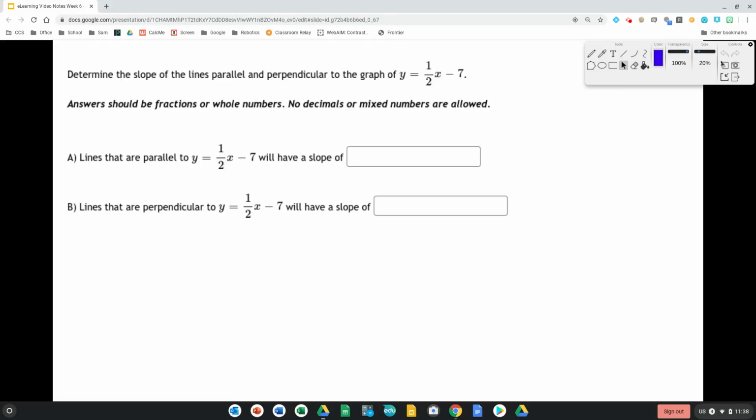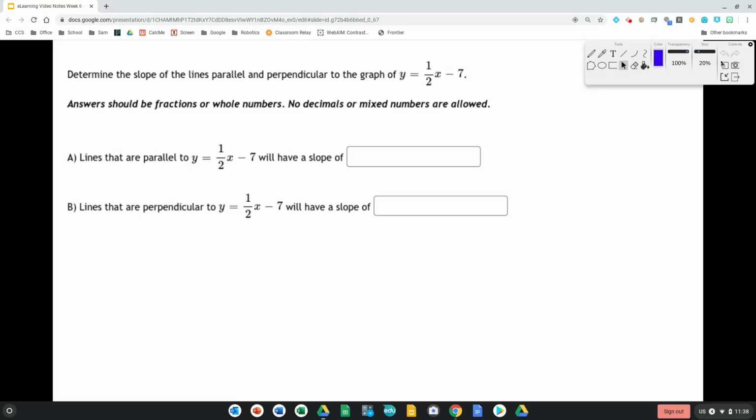So here we are going to work on just what we talked about in the last lesson, just lines that are parallel and lines that are perpendicular. Here we have the equation y equals 1/2 x minus 7. If we want to come up with the slope of a line that's parallel to that line, what would the slope be? Well, the first thing you want to do is know what the slope is of this line.